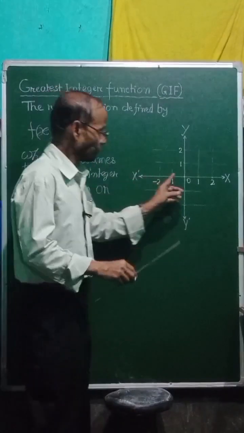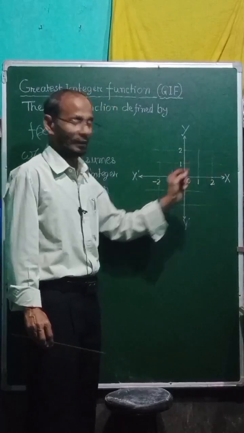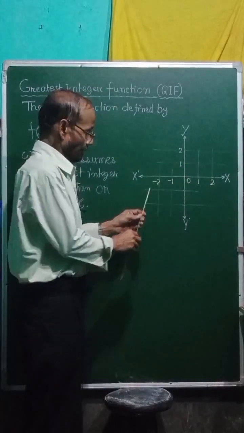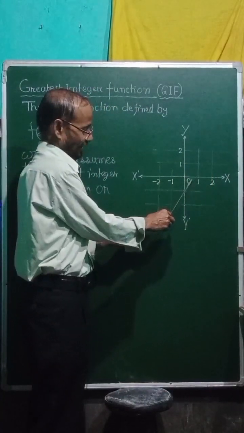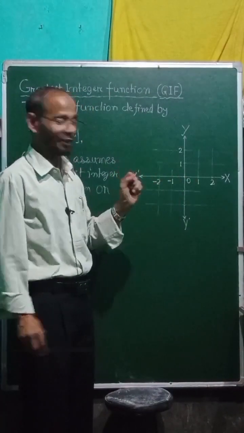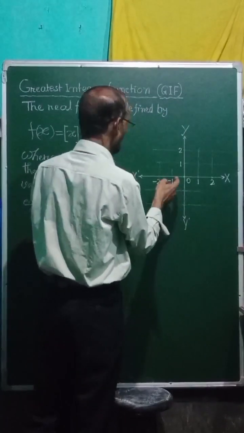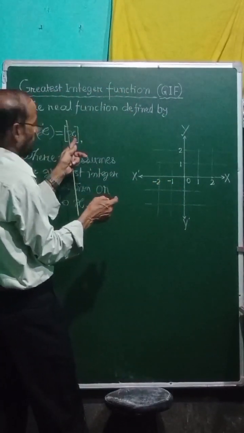And as we move towards the right of 0, before reaching 1, the greatest integer on the left side is 0. So y is equal to 0 for all those x.